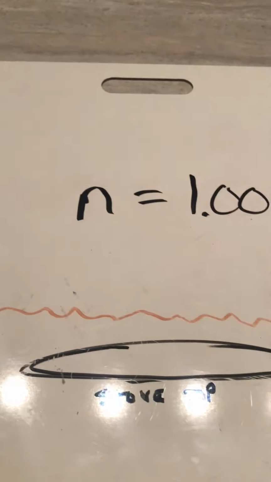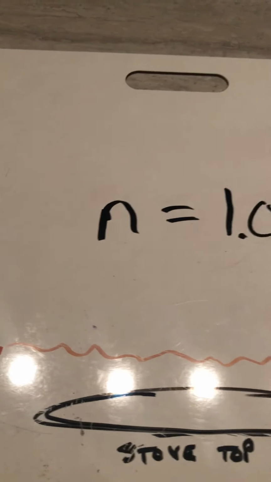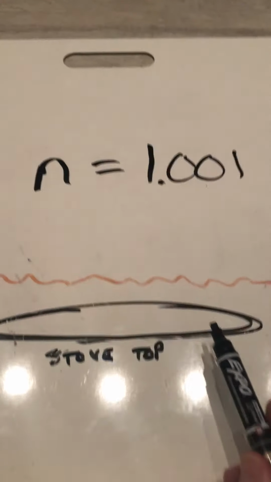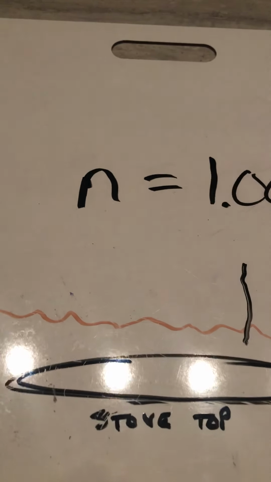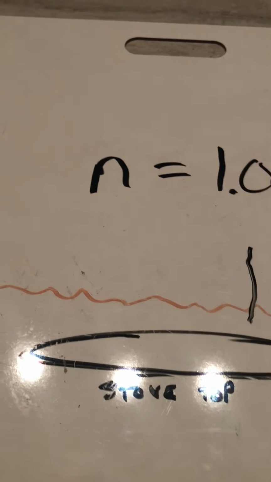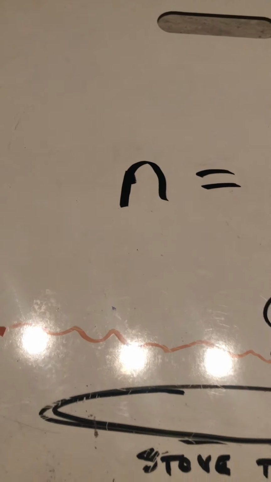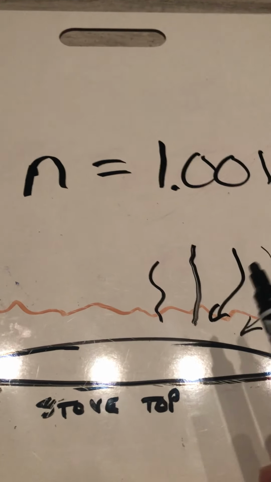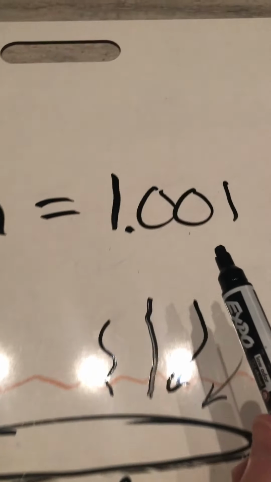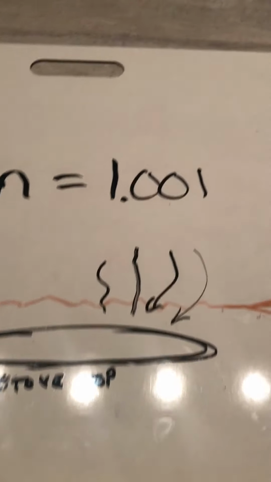And every time you slightly change the temperature, the index of refraction slightly changes. So as you're looking above a stovetop, hot air is rising, cool air is settling in. And as that hot air rises and cool air settles in, the index of refraction is constantly changing because every time you slightly change the temperature, you're slightly changing that value.